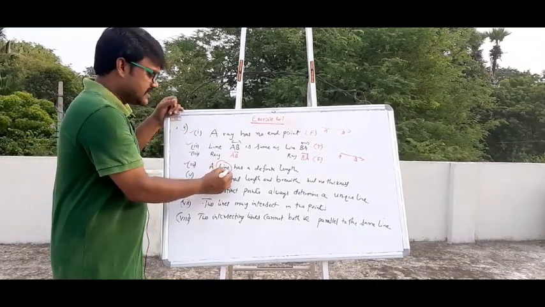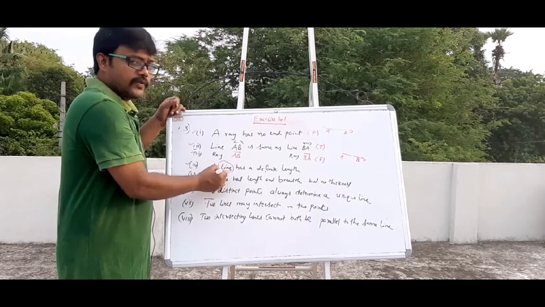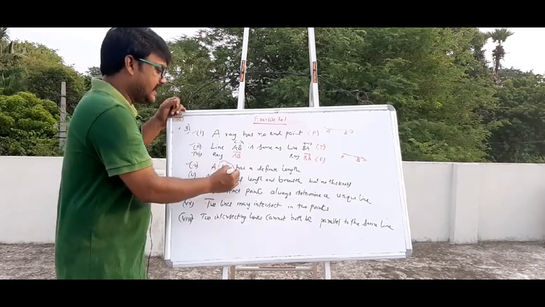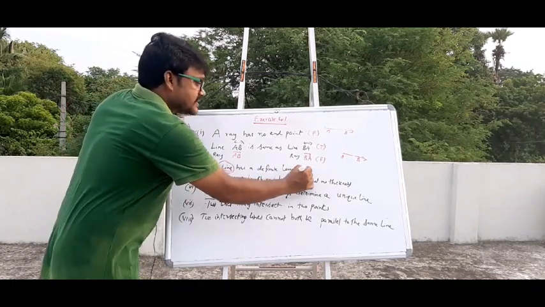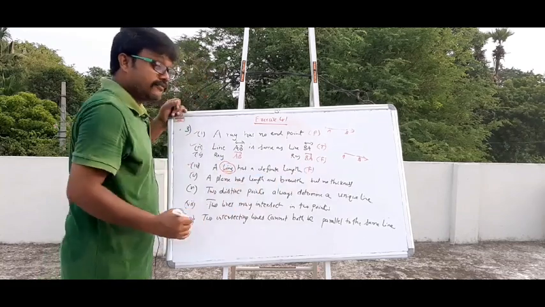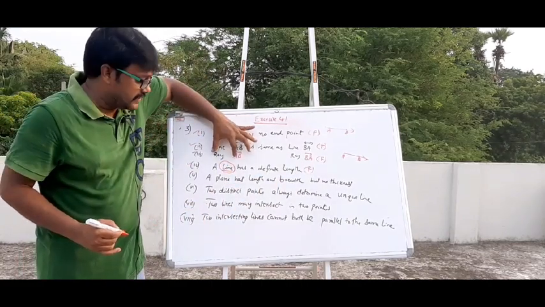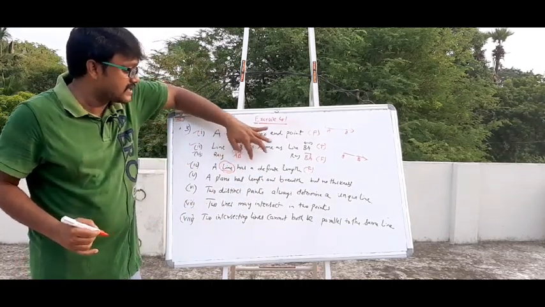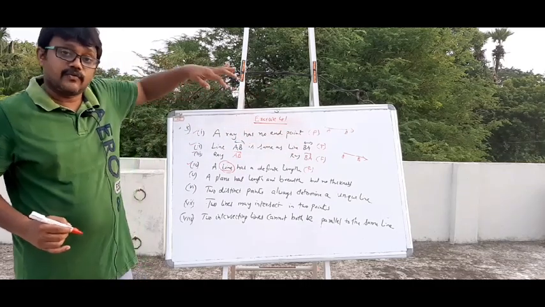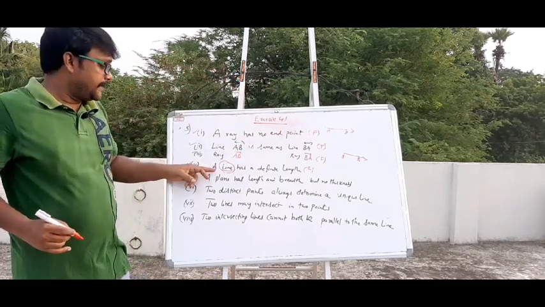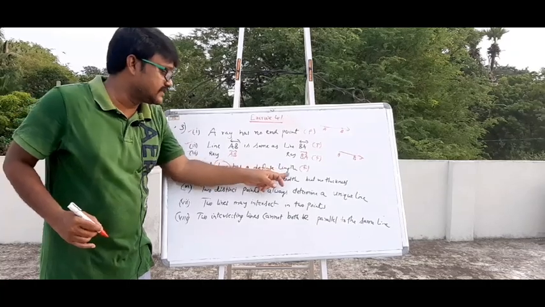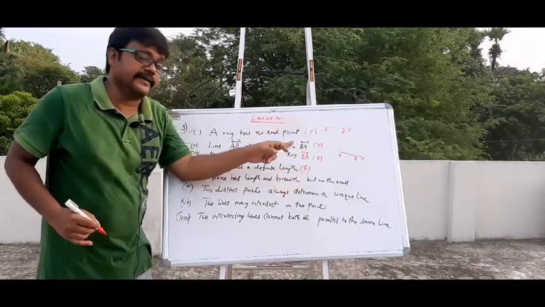Since a line has no end points, we cannot measure it. So it's a wrong statement. In fact, had it been given as a line segment has a definite length, then the statement would have been true. So a line has a definite length is a false statement.